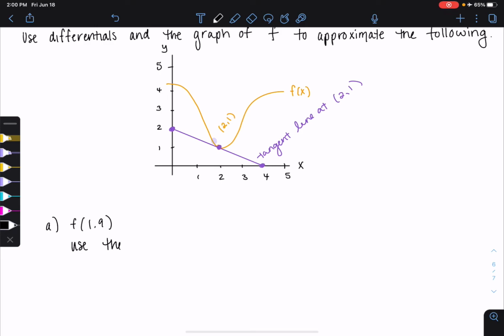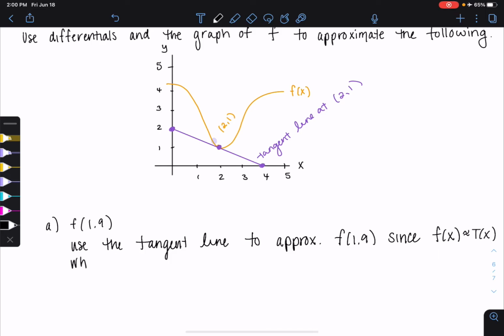So we're going to use the tangent line to approximate f of 1.9, since our function is about equal to the tangent line when x is near 2. So x is about 2.